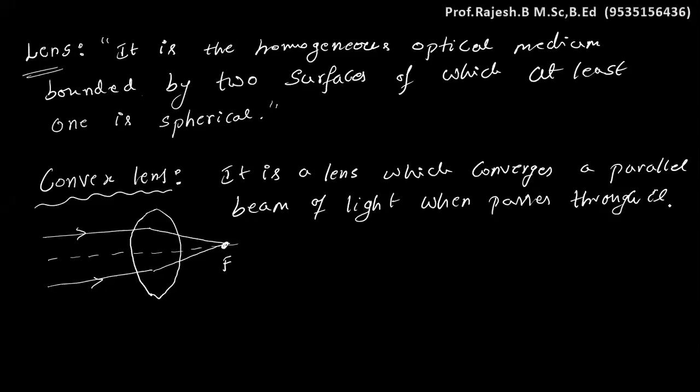So this is through the light phenomena. We can also define the lens which is bulged at the middle and tapering at the edges. At the edge it is very thin, but at the middle it is very thick. This is called a convex lens.